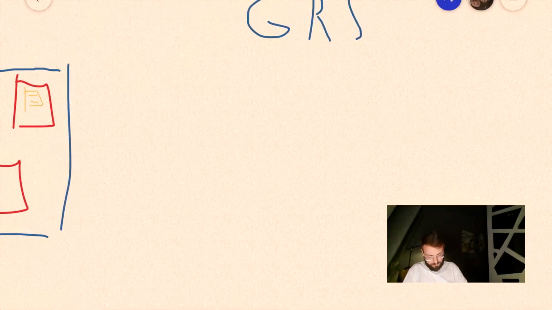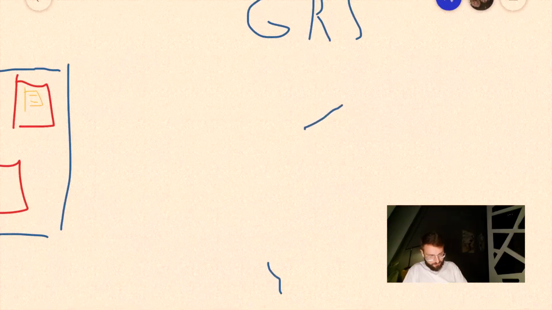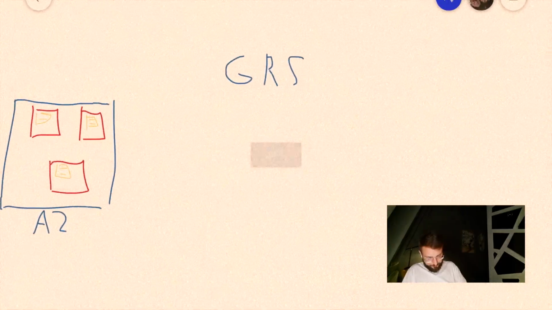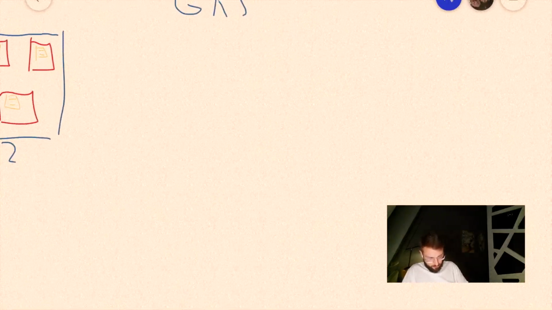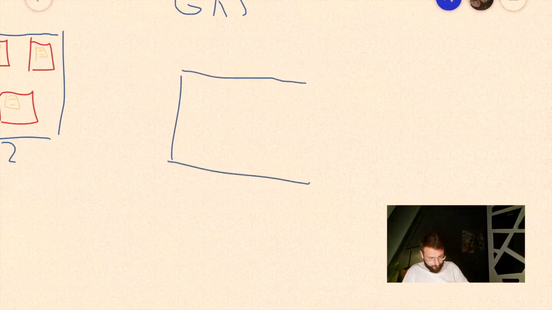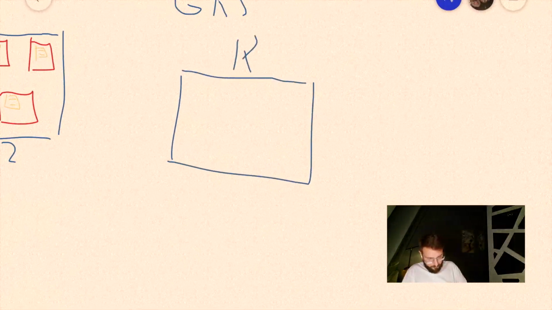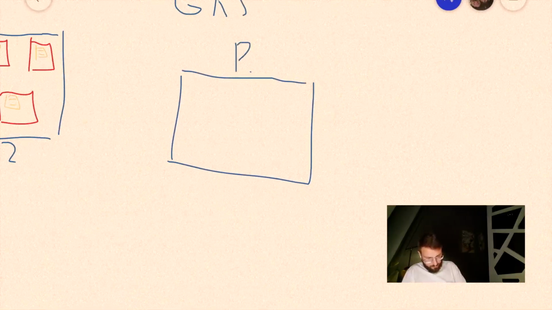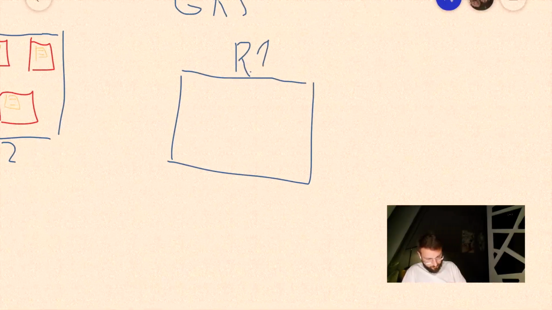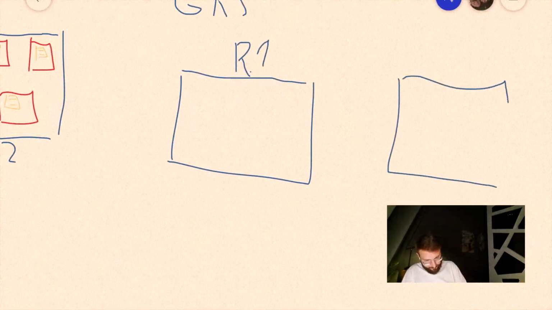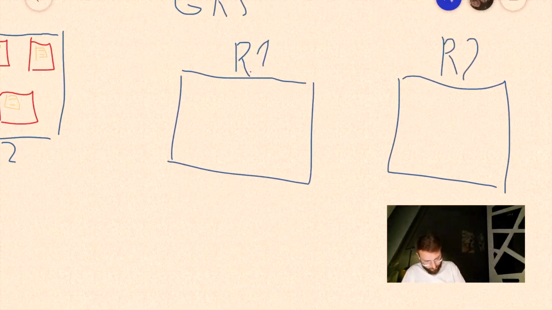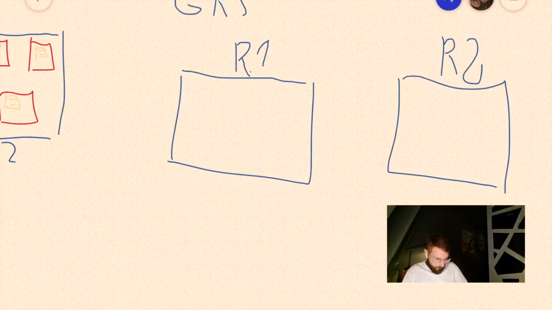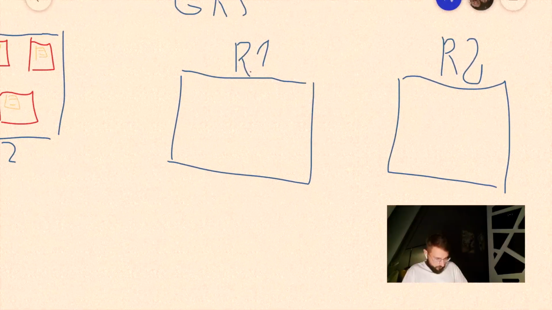We have also GRS, so geo-redundant storage. So as you already know, there are two regions, region 1 and region 2.